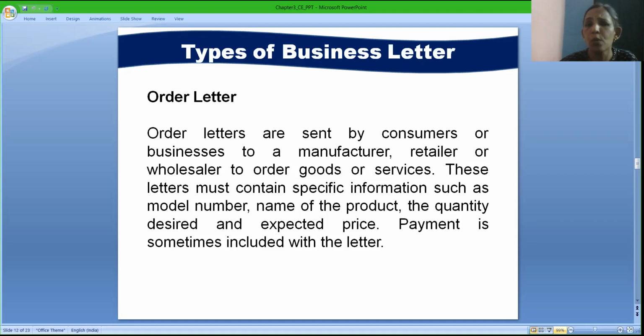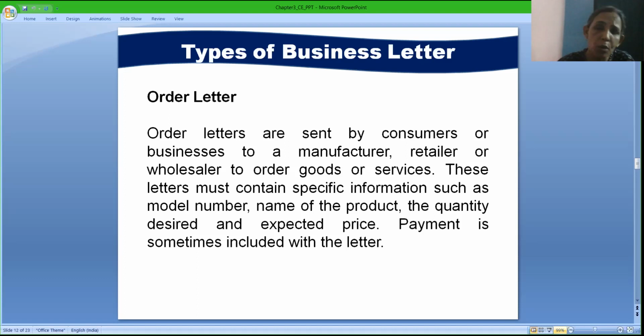Now, whenever you put your order in front of the salesperson, you have to request them with the quotations, that is the right amount that you agreed upon, when you're going to pay the amount, and how much quantity is required. There have to be proper genuine facts and figures included in the order letter.